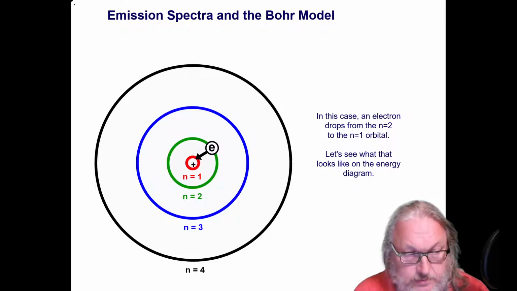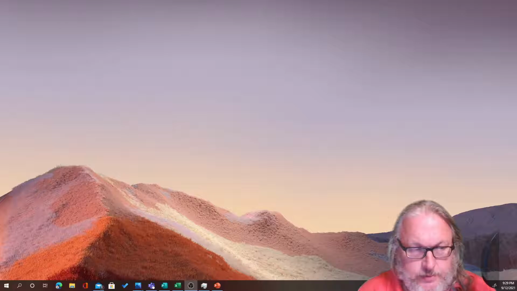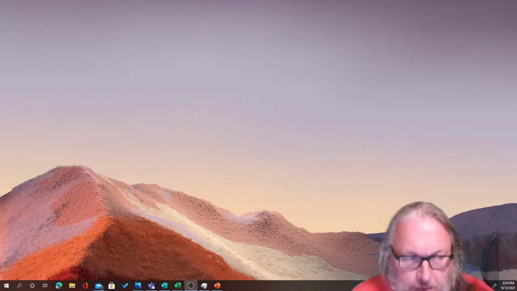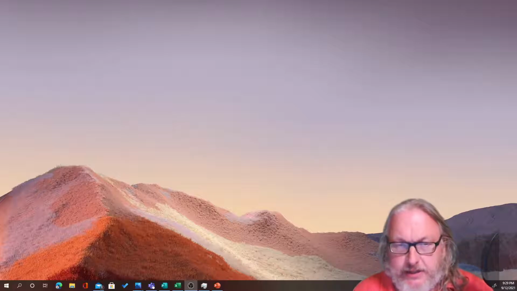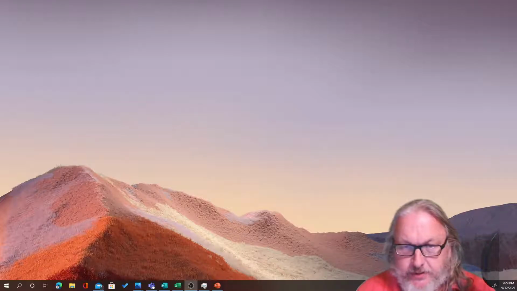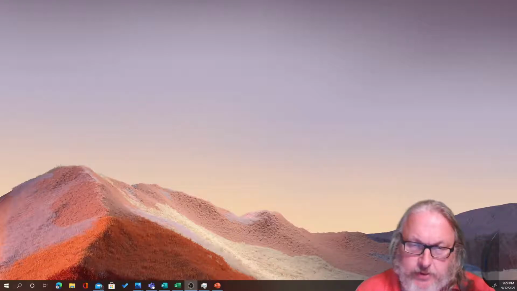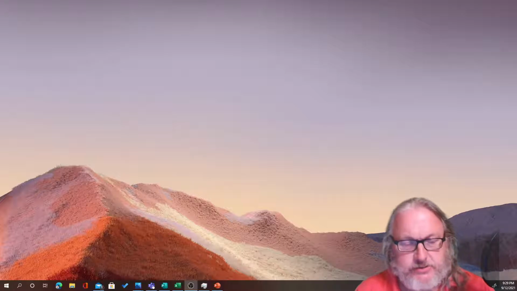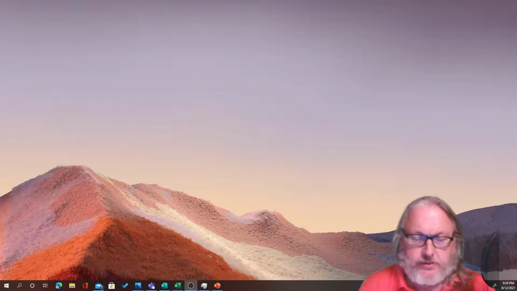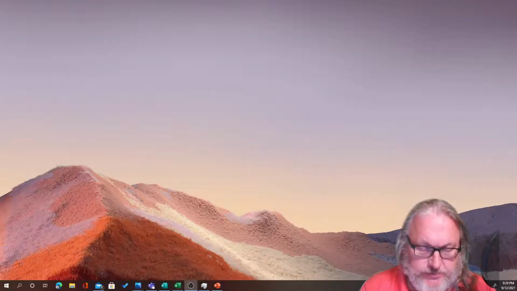When my electron is at n2, the second energy level, it's going to go from minus 3.4 to minus 13.6. So let's see how much energy is released.